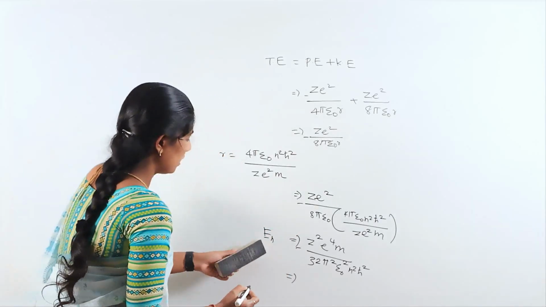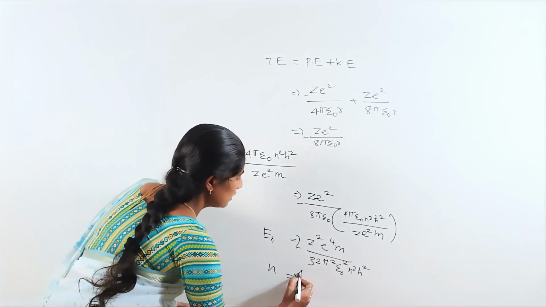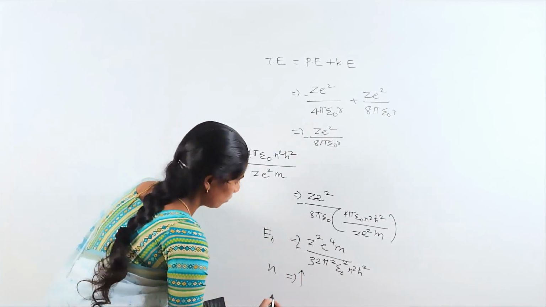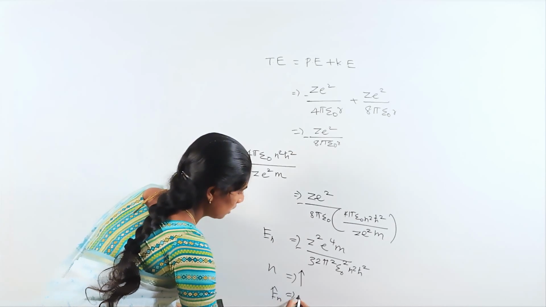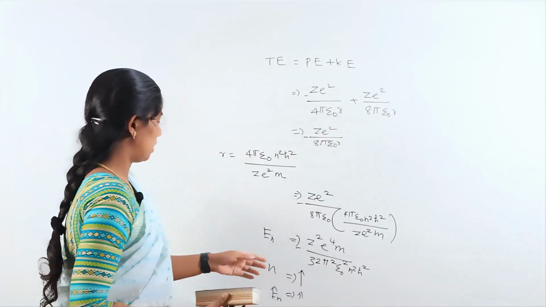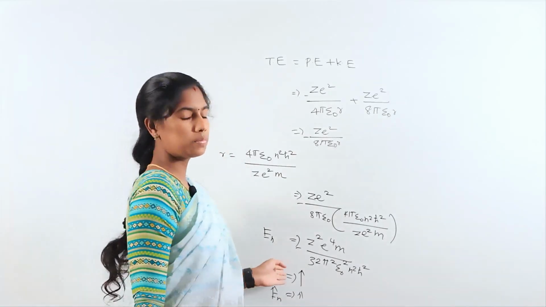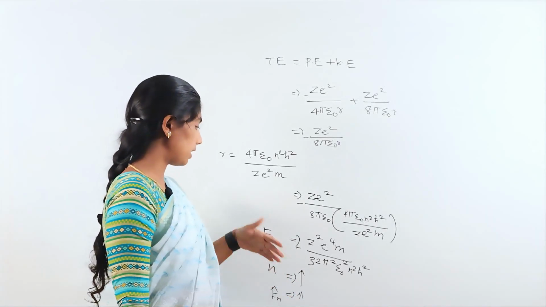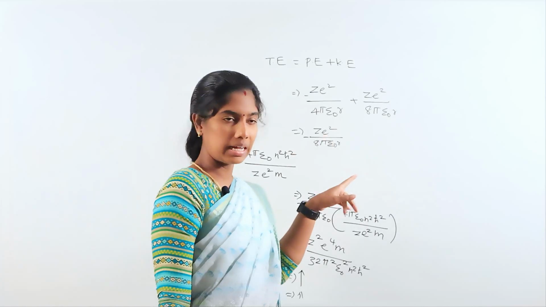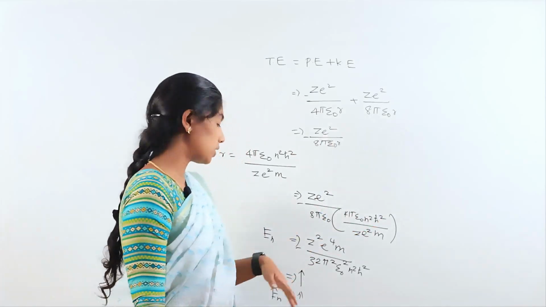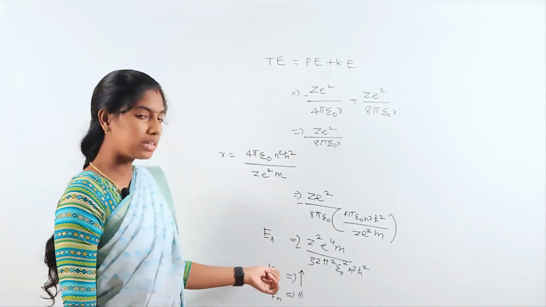See here, when n increases, the energy also increases. Why am I saying this? Here n is the principal quantum number. I already said the function does not happen at one particular time, it happens many times, so that's why I added the principal quantum number.